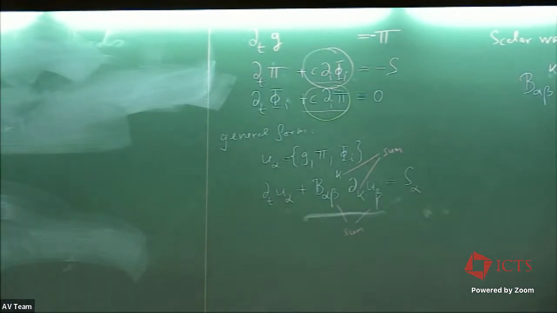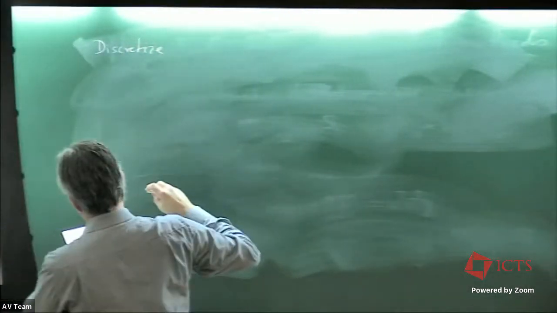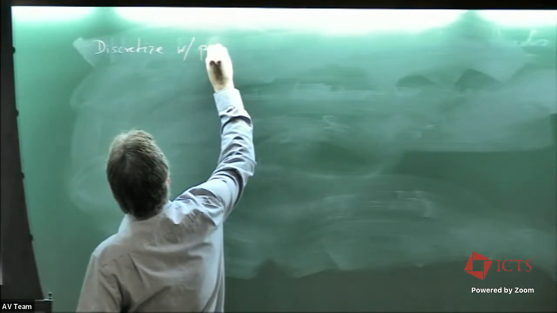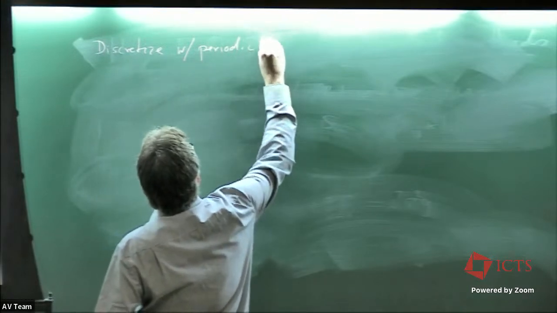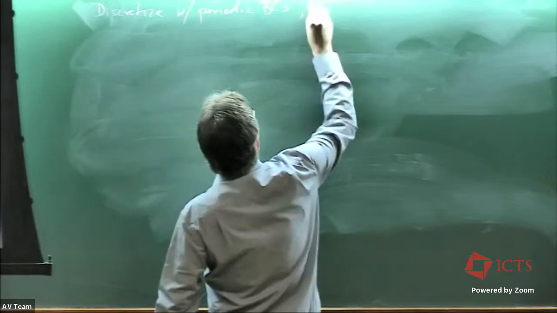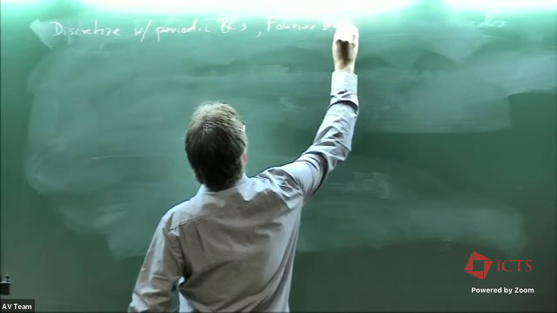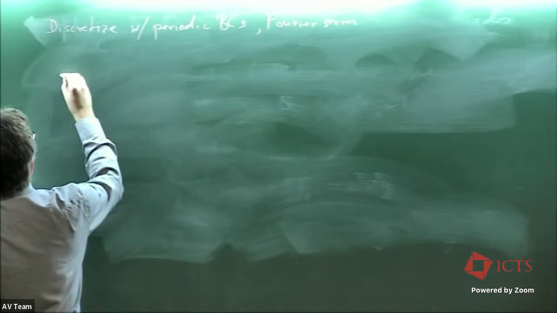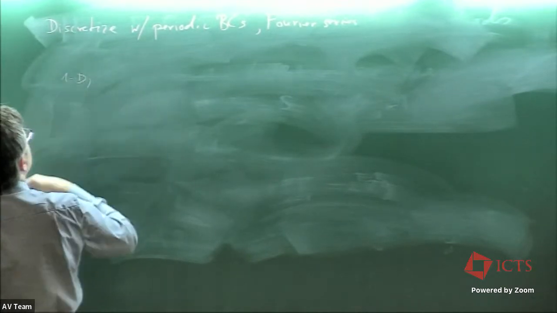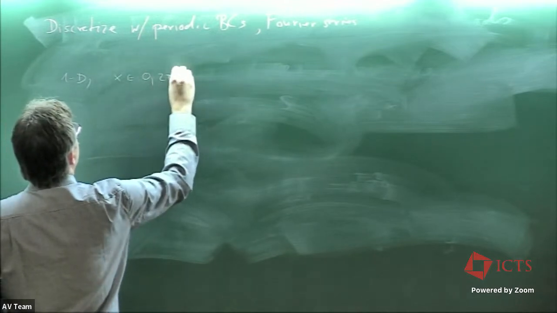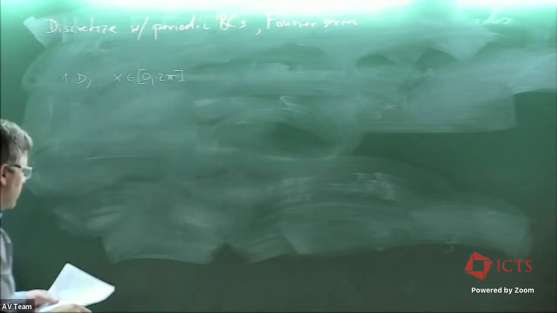So we want to discretize with periodic boundary conditions, which means a Fourier series. I'm specializing to 1D, and to make life even more simple, I'm going back to the usual Fourier interval from 0 to 2 pi.